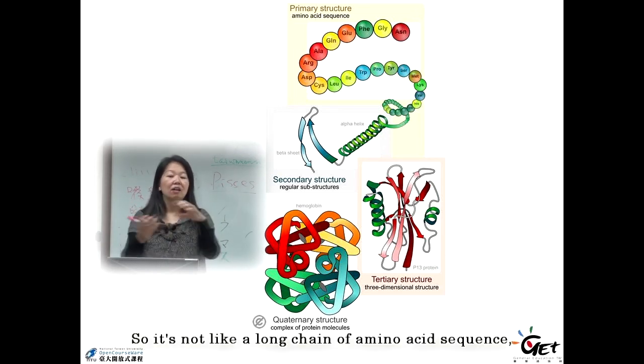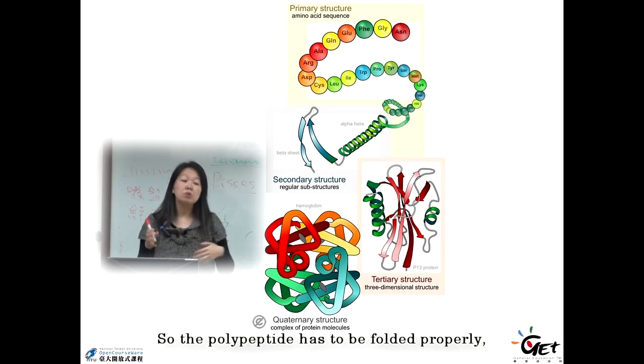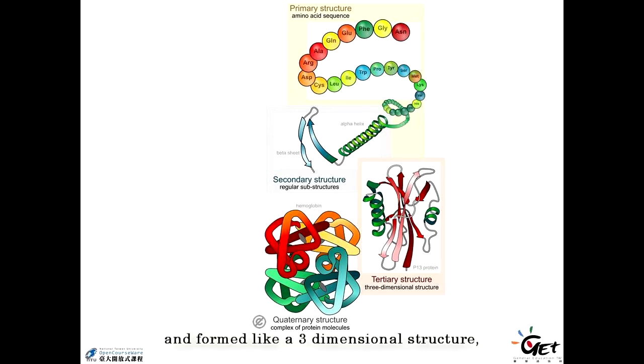It's not a long chain of amino acid sequence that is the functional unit. The polypeptide has to be folded properly to form a three-dimensional structure, or some proteins have different subunits that combine together as the final functional unit. This reminds you about the structure of the protein.